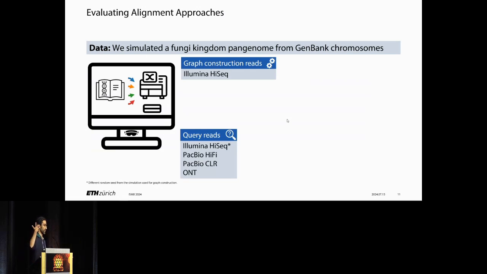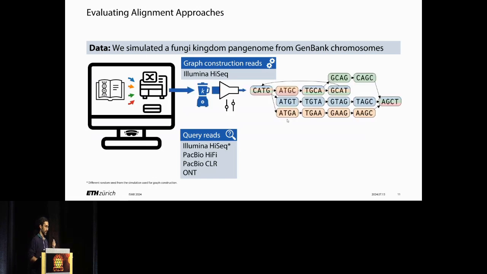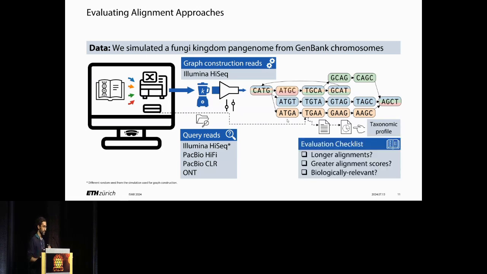And then we have other query sets from a variety of platforms that we then query against this graph. So the first step is constructing the graph. And then the second step is aligning these query reads against this graph. And then from here, we use the labels that we fetch from the graph during this alignment to create a taxonomic profile for each read.